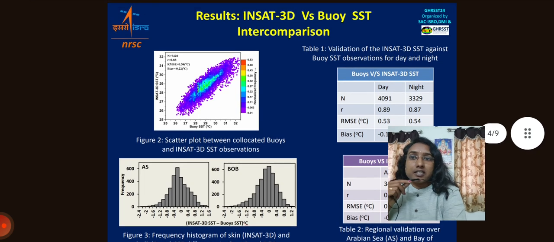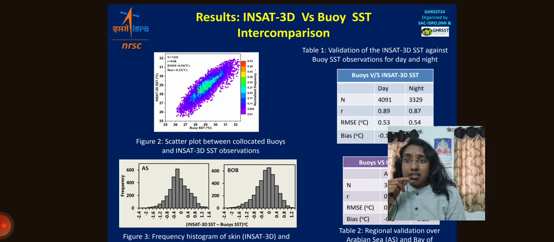Coming to the results, the left top figure shows the scatter plot between the collocated buoy observations in comparison with the INSAT-3D SST. We have got a very strong correlation of 0.8 with an RMSE of 0.54 and a bias of -0.2 degrees centigrade.